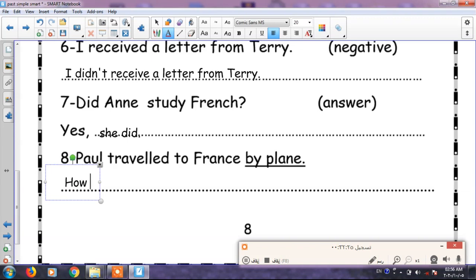How did Paul travel to France? And also don't forget the question mark. So how did Paul travel? I put the verb into the infinitive form.